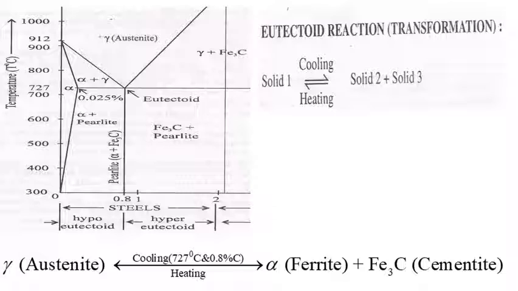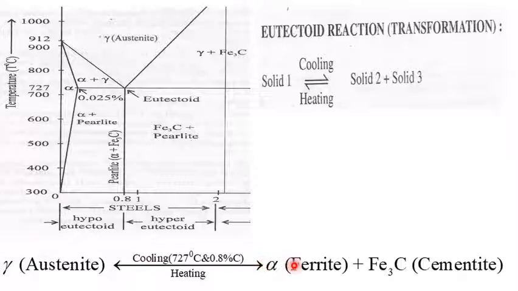The first one is the eutectoid reaction, where in general solid 1 gives rise to solid 2 plus solid 3 on cooling, or on heating gives back solid 1. In particular to the iron-carbon diagram, solid 1 is austenite, or gamma iron, which is an FCC structure.